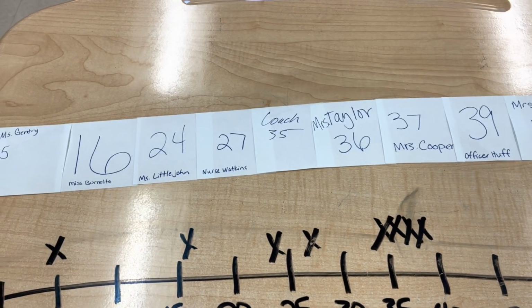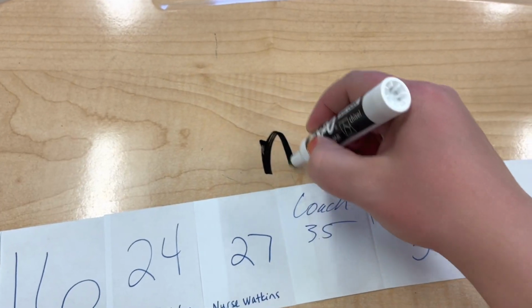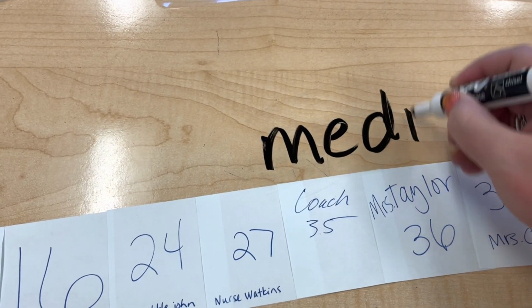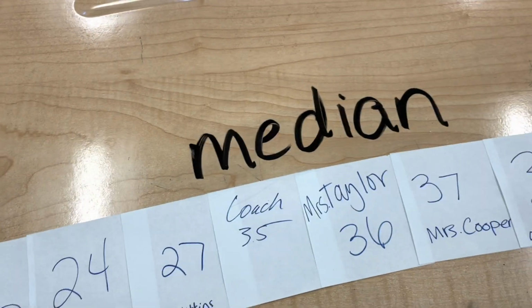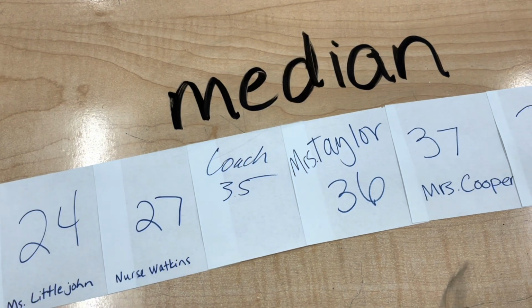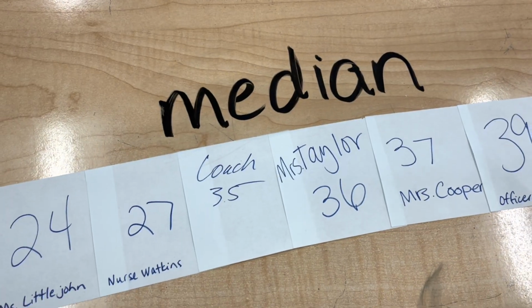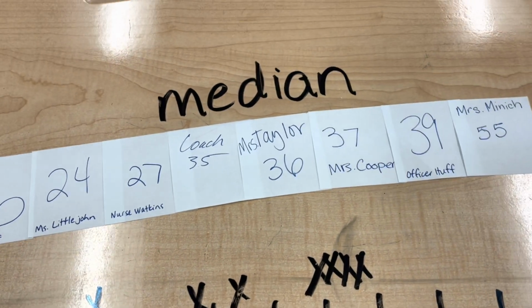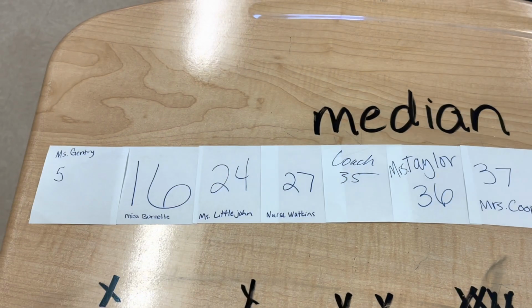So when we find the middle number, what we are looking at is the median. And the easiest way to remember that is when you're driving down the road and there's a patch of grass in the middle of the road. It is called the median. So let's look at how to find the median or the middle of our set of data.